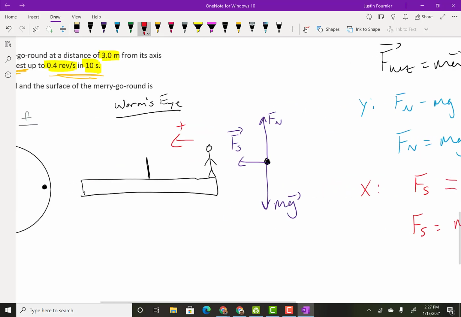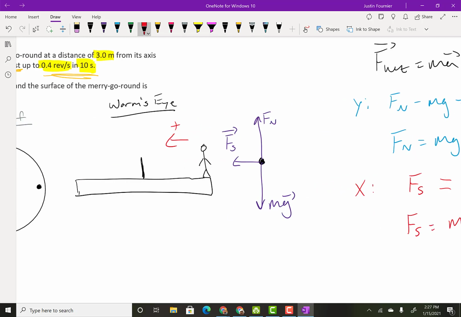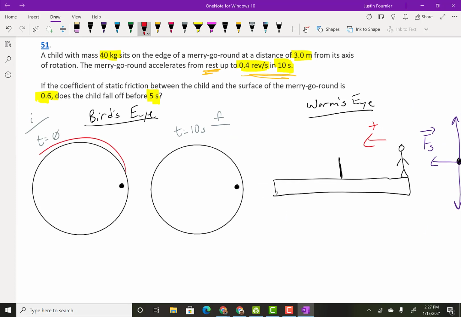Because here's the thing. The child is not only moving in a circle, which means the child has centripetal acceleration, some acceleration towards the center of the circle. But there's also tangential acceleration as well, because the child is speeding up, going from 0 to 0.4 revolutions per second.